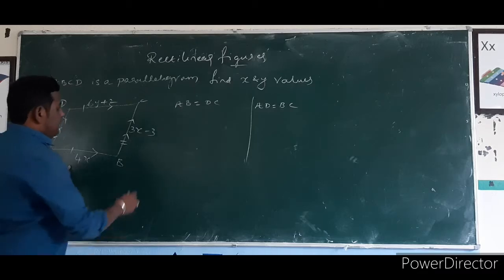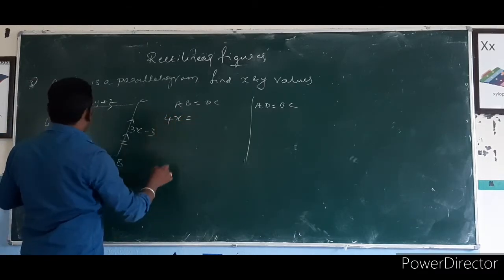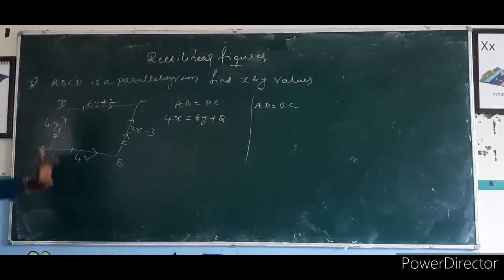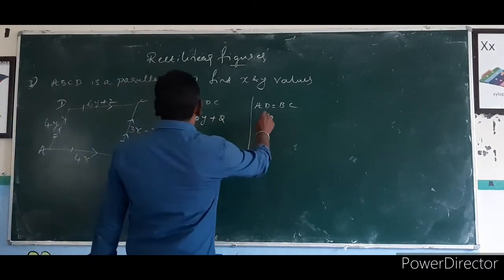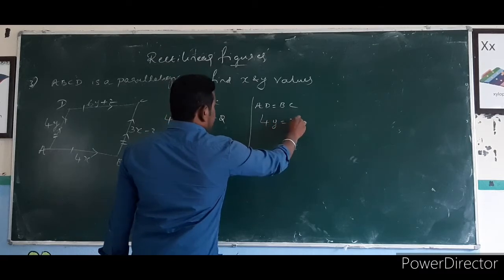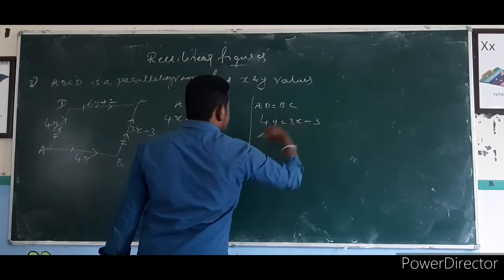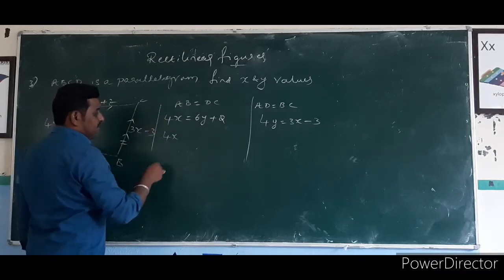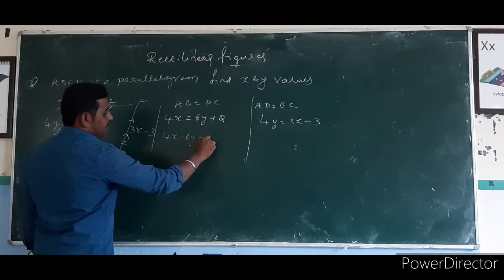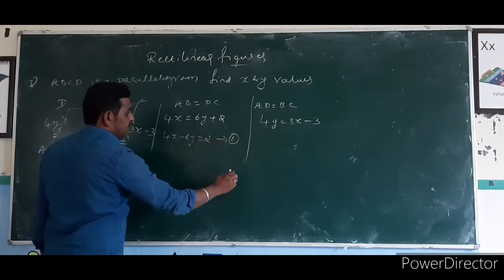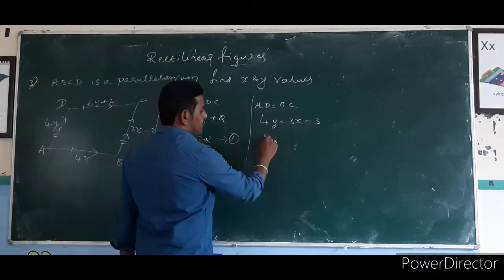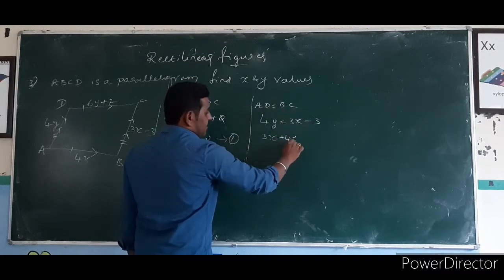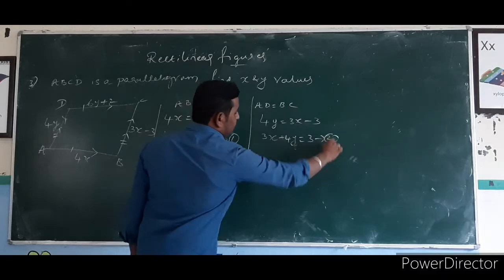What about the AB value here? 4x is equal to 6y plus 2. Next, 4y is equal to 3x minus 3. If you shift 6y to this side, 4x minus 6y is equal to 2. This is equation number 1. Here you can shift 3x minus 3 to this side and 4y to that side. This is equation number 2.